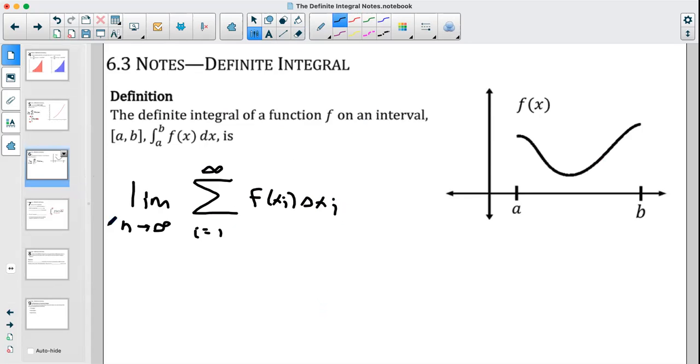So the definite integral of a function is the limit as n approaches infinity of the Riemann sum for that function on that interval. And again, this equals the integral from a to b of f of x dx. This is a more general representation with the a and the b, because f could be any function, and a and b could be any endpoints. It's always the left on the bottom and the right on the top.